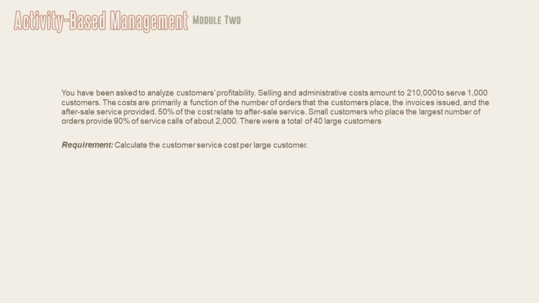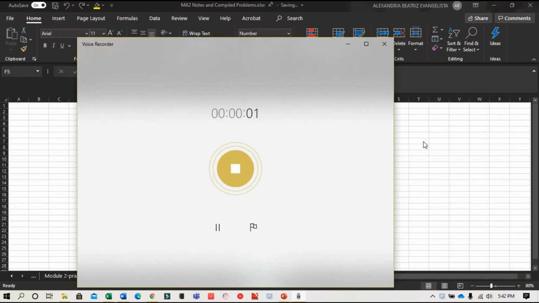Small customers who place the largest number of orders provide 90% of service calls of about 2,000. There were a total of 40 large customers. The requirement is to calculate the customer service cost per large customer.